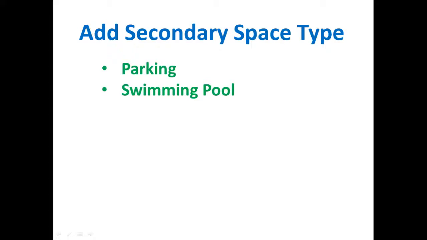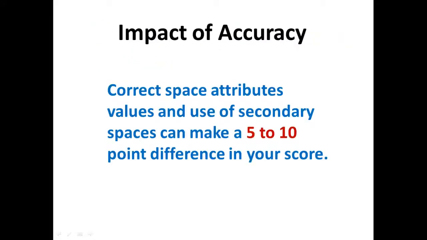There's a secondary space type for parking that allows you to account for the additional energy used in lighting the parking lot. In fact, correct space attribute values and the use of secondary spaces can make as much as a 5 to 10 point difference in your score. So it's very important to have accurate information in your Portfolio Manager account.